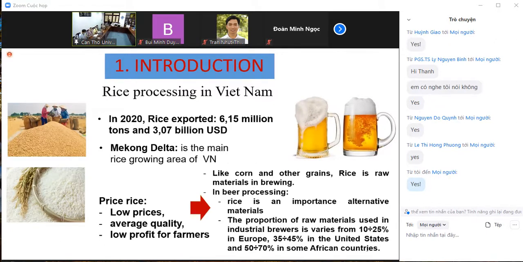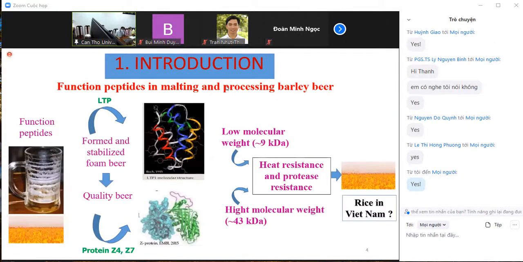In many countries, the proportion of rice as raw material used in the brewing industry varies from more than 10%, even more than 50% in African countries. In beer, the foam is the main factor affecting beer quality. It is very important to make foam in beer.